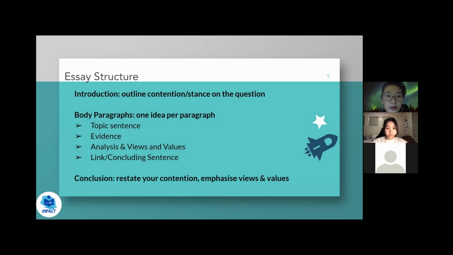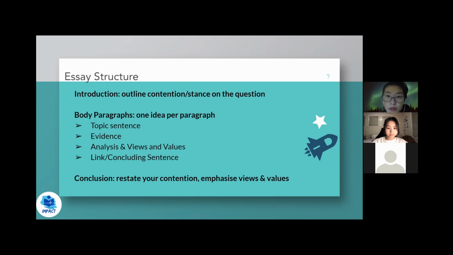So we're just recapping the essay structure. In your introduction, the most important thing is to make sure that your contention is there, it's strong, and it responds to the essay question. Then we've got our body paragraphs, typically 3, each presenting a strong argument that's signposted by your topic sentence, with sufficient evidence to back up that argument.